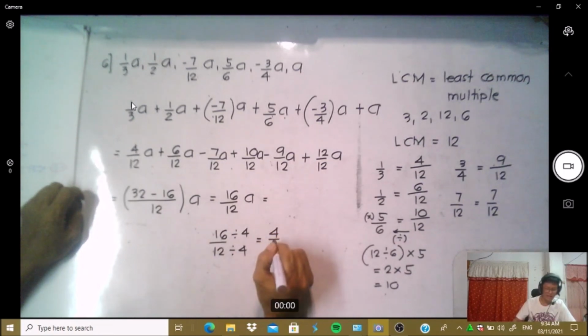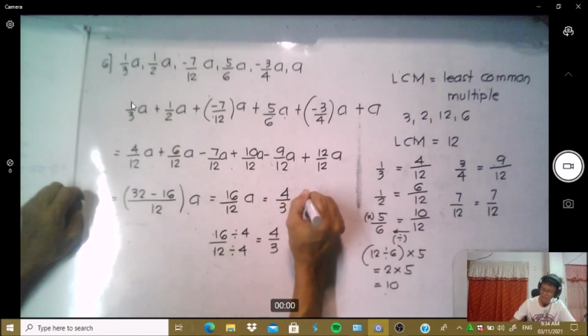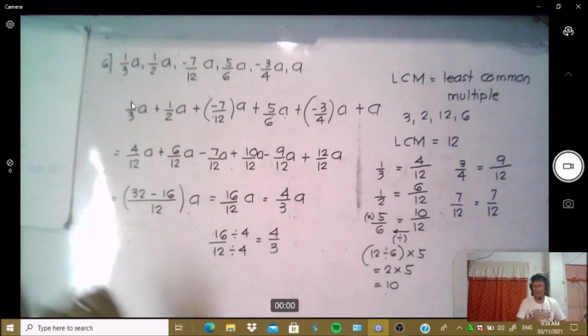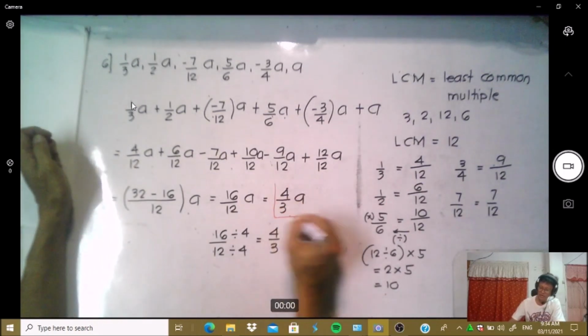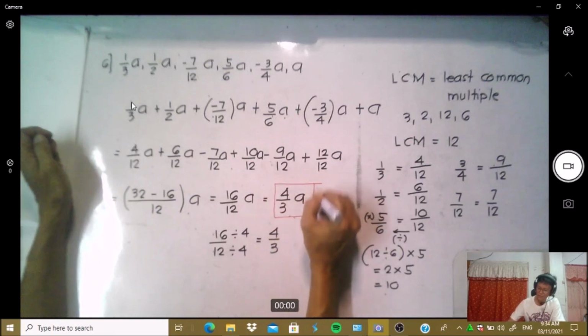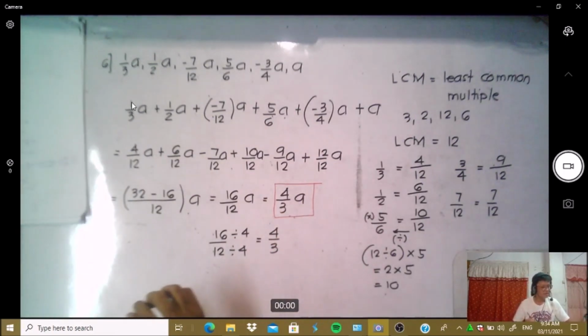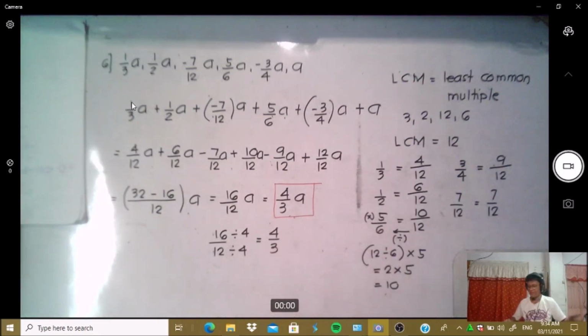And therefore, our answer is 4/3 of A for that operation. That is quite a neat foundation in operations involving fractions. Okay, so I hope that we have that solution.